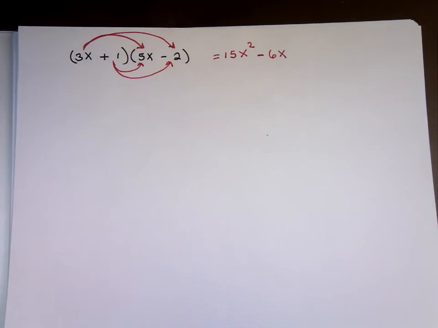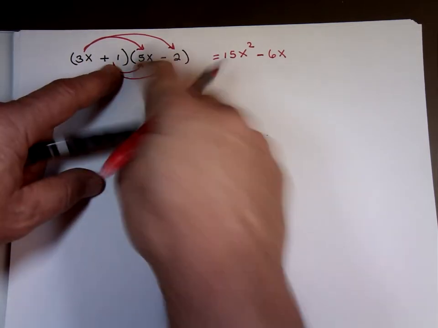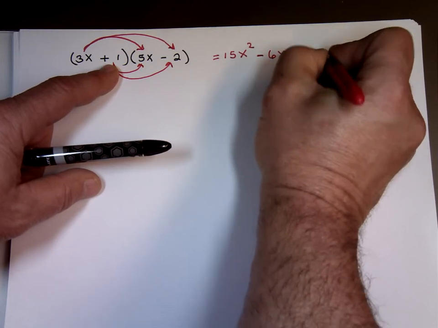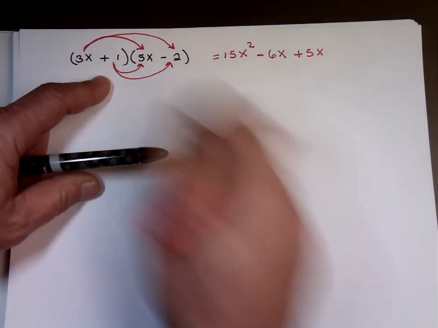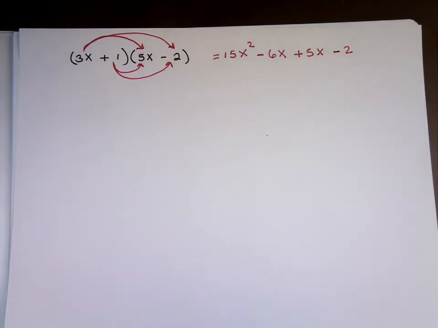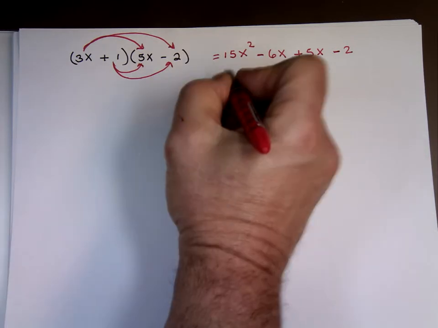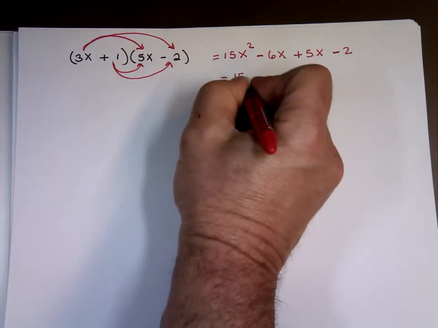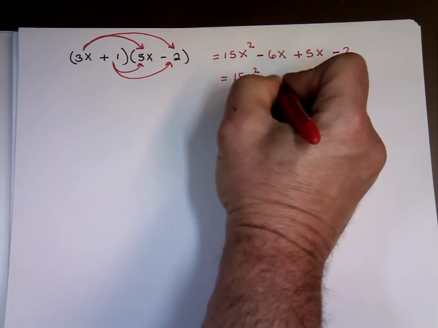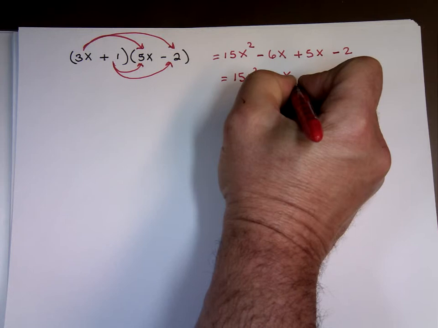What is 1 times 5x? Plus, right? And what's 1 times a negative 2? Can I simplify my answer? That's 15x squared. What's negative 6x plus 5x? Negative x. There's the minus 2.